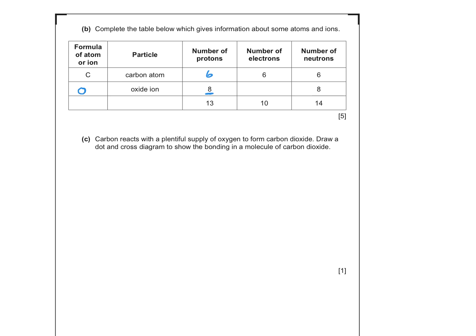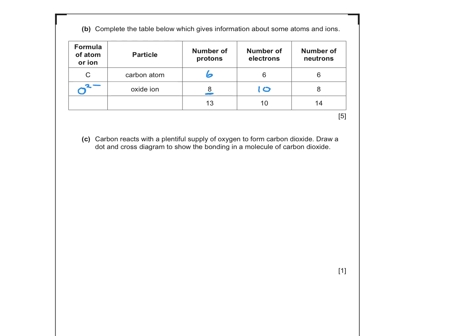But this is an oxide ion. So an oxygen atom needs to gain another 2 electrons to get a full outer shell. So that would mean that the ion has 10 electrons. So that would make the charge 2 minus.